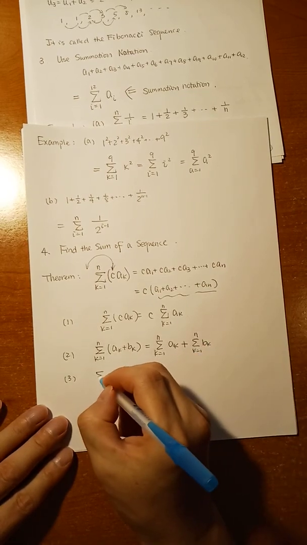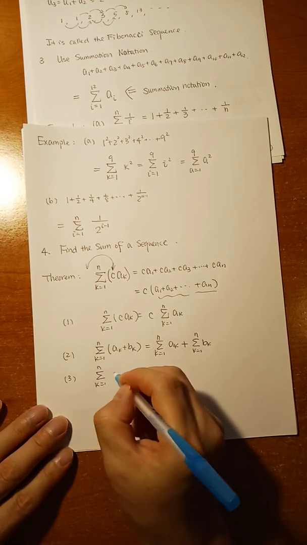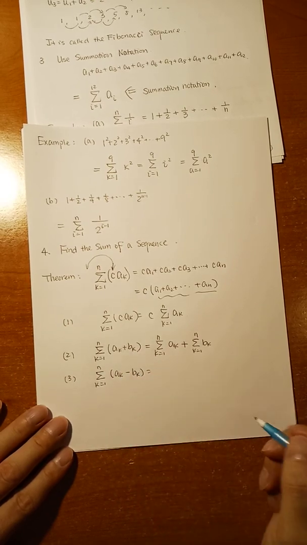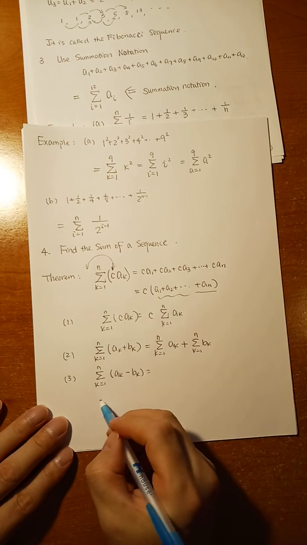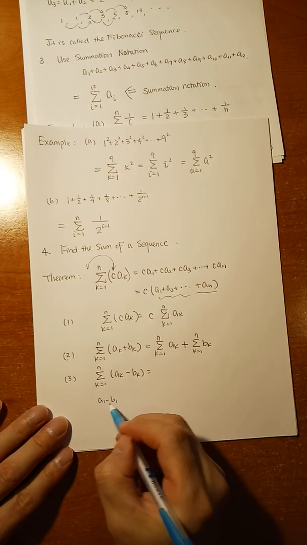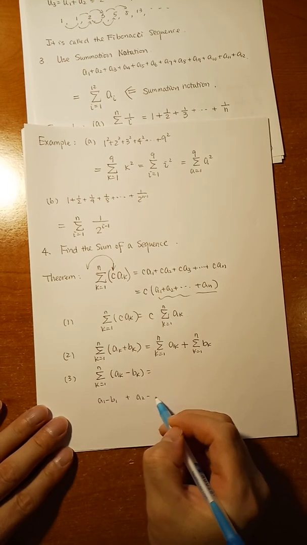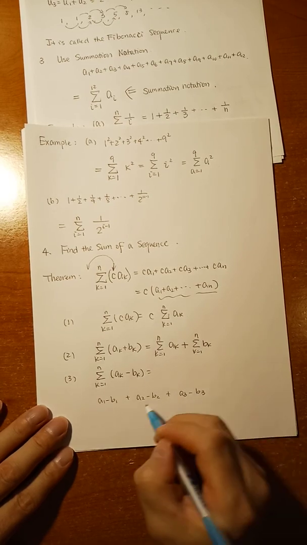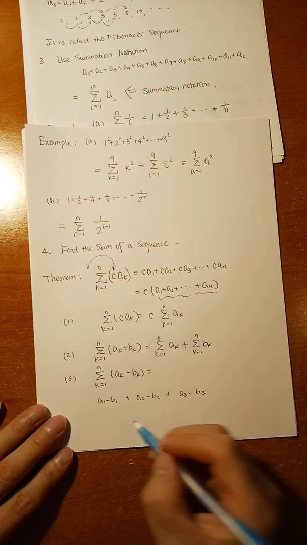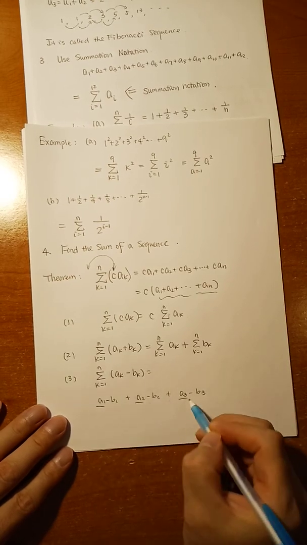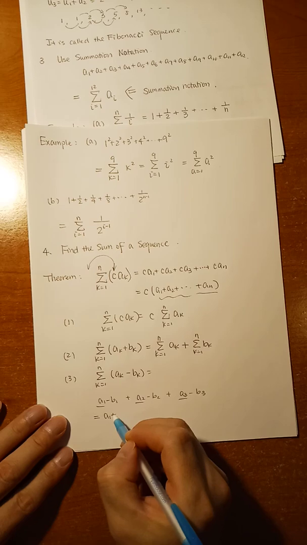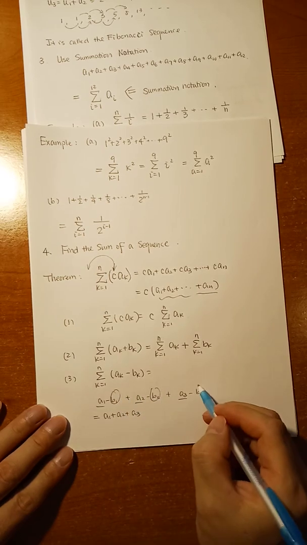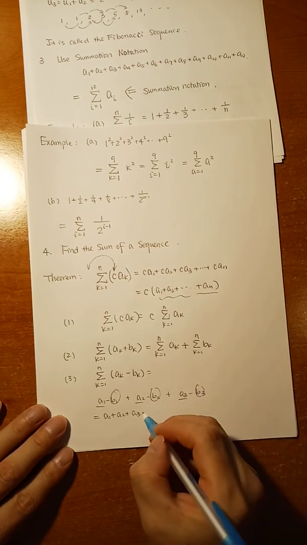And then we have the same thing, the difference rule. a_k minus b_k. Okay, let me write it quickly. It's a_1 minus b_1, that's one thing, plus a_2 minus b_2, the second one, plus a_3 minus b_3, the third one, right? And then how do you do that? You can move a_1, a_2, a_3 together, and b_1, b_2, b_3, they all have subtraction.